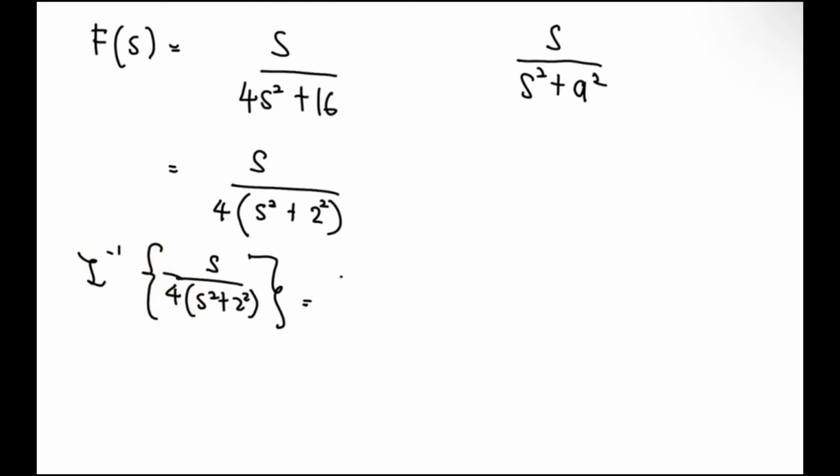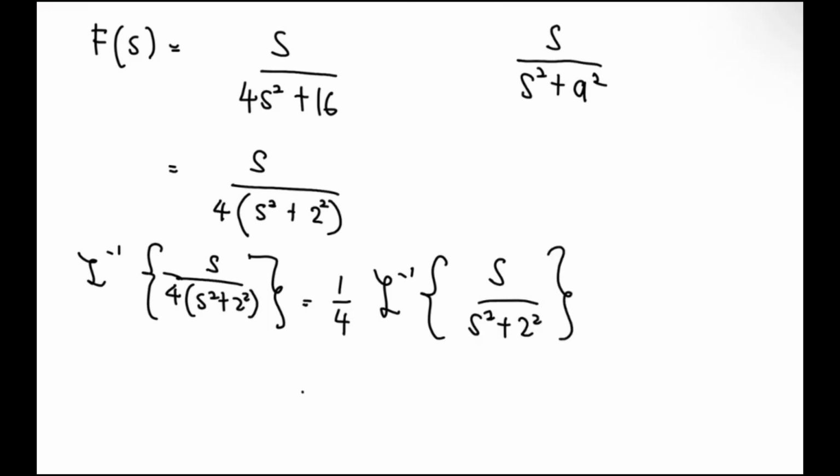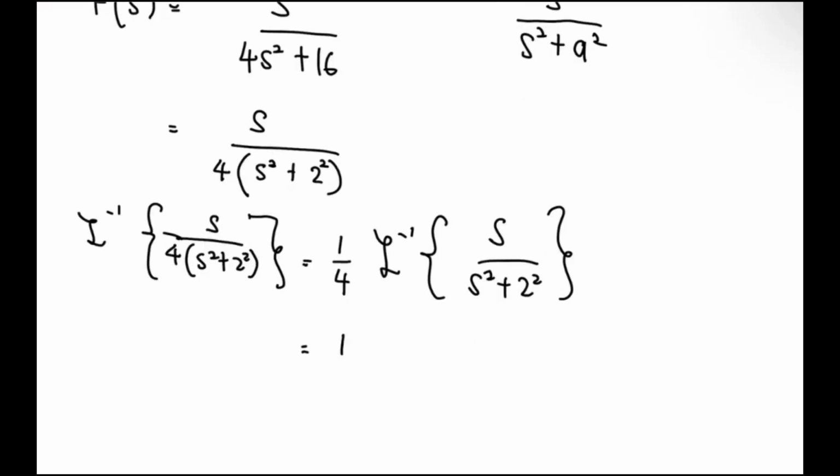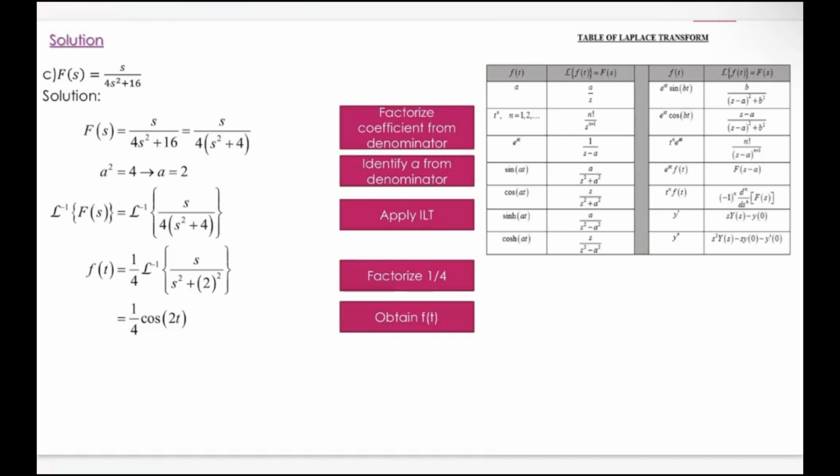So we have 1 over 4 inverse Laplace of s over s squared plus 2 squared. So we have 1 over 4 cos 2t.